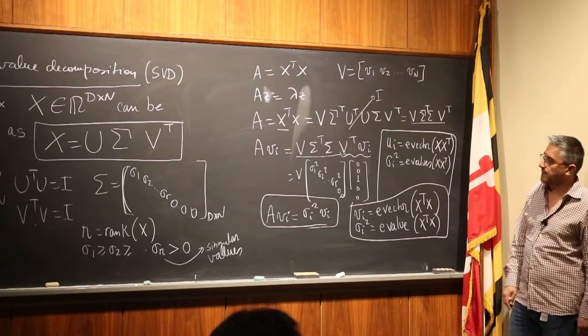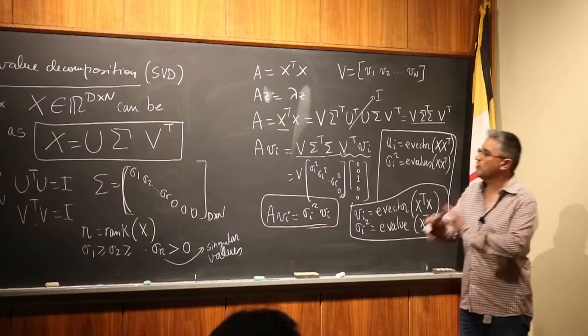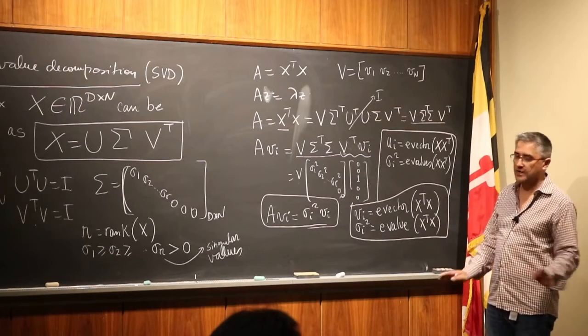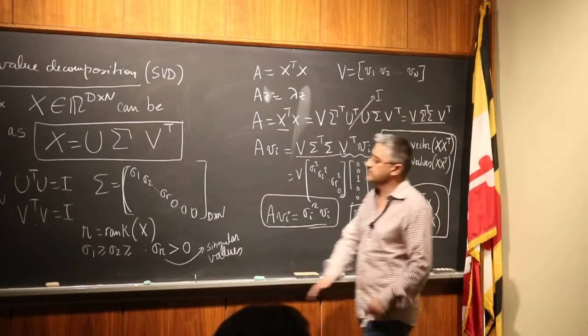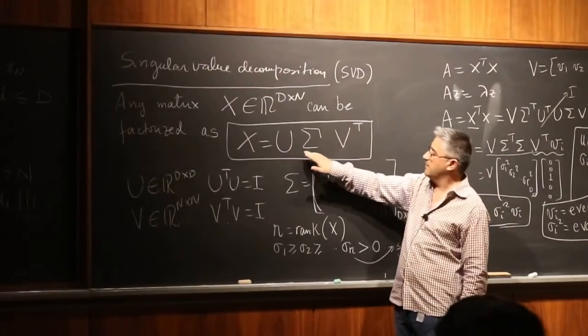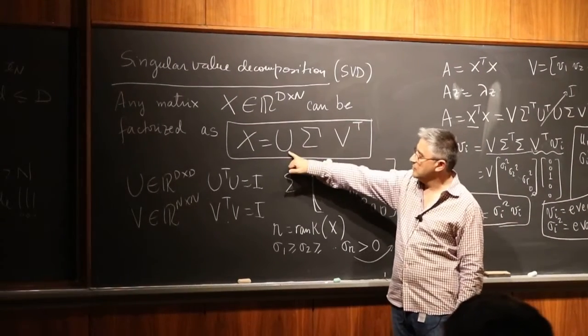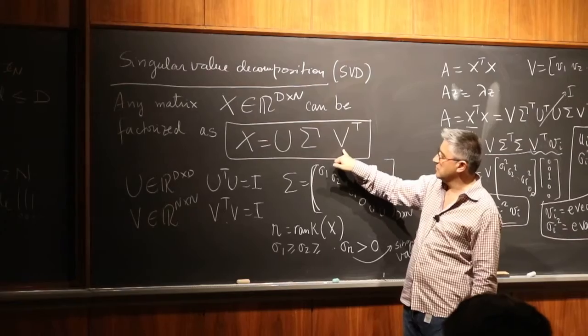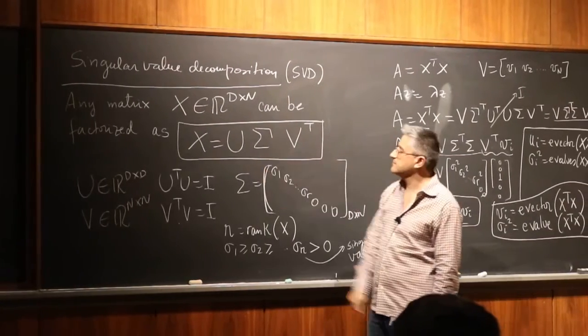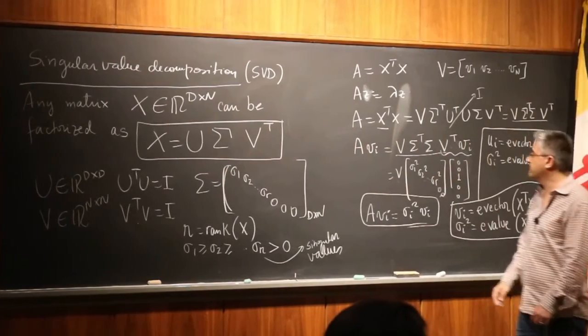Okay, bottom line. Every matrix X, no matter whether it's rectangular or square, I can always find a matrix U, a matrix sigma, a matrix V. This is always orthogonal, this is always orthogonal, and this is always diagonal. What are the U's and the V's?